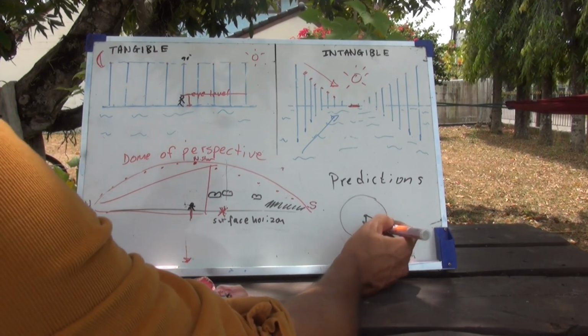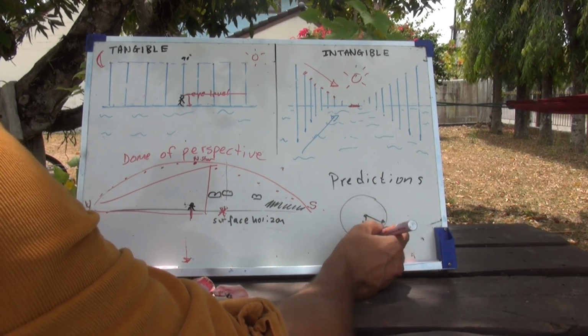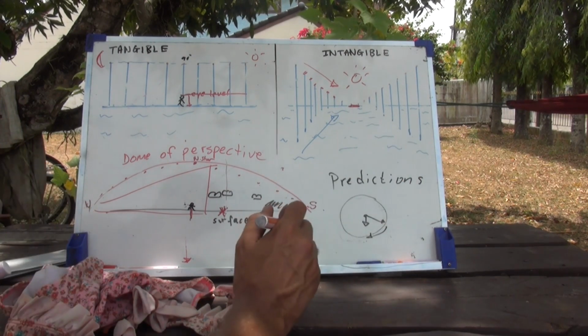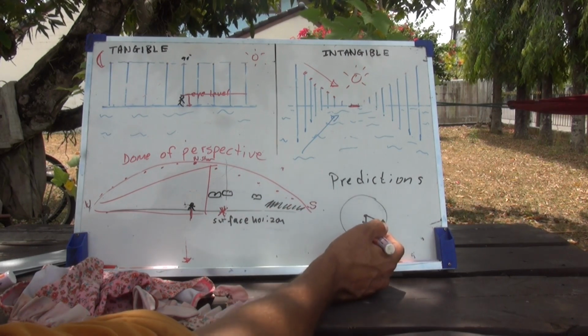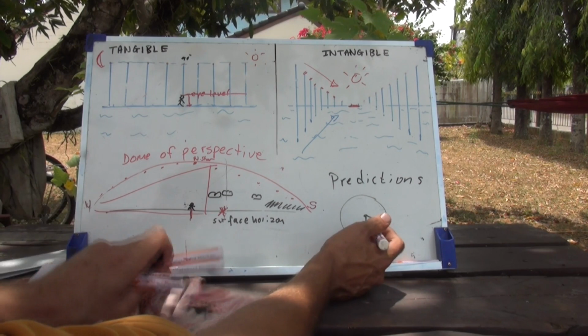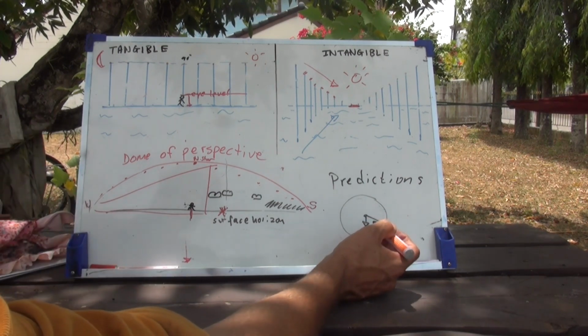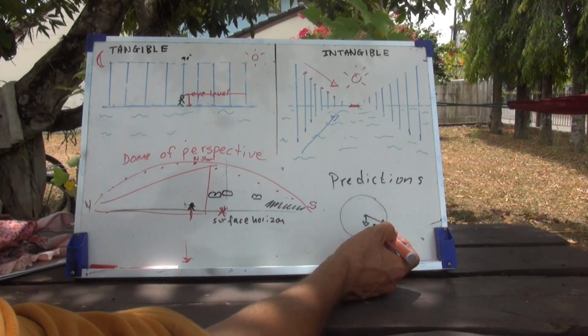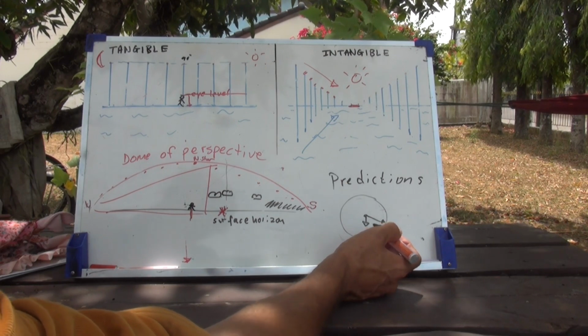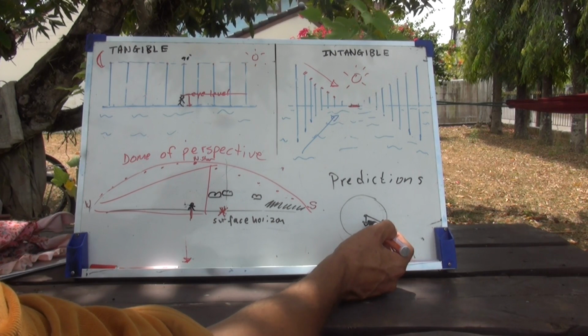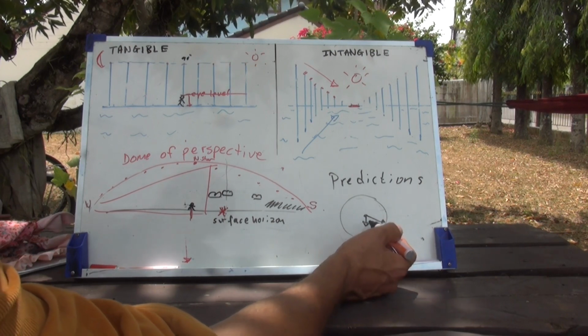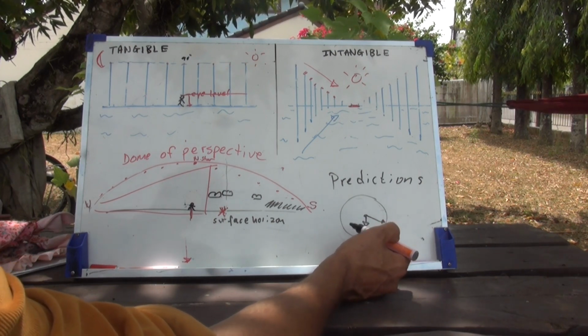We can see from this that in 10 minutes it's going to be 6:30. We're just telling the time. This is the only prediction that you can make. It doesn't dictate or predict the size or the distance of anything in the heliocentric model.